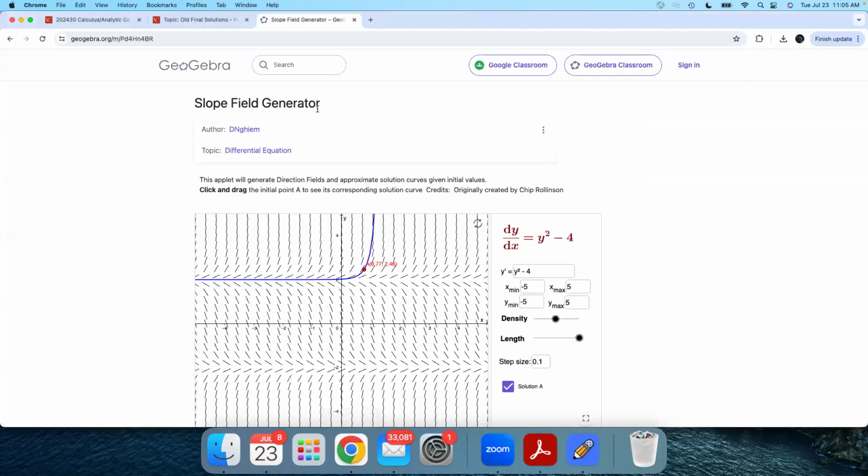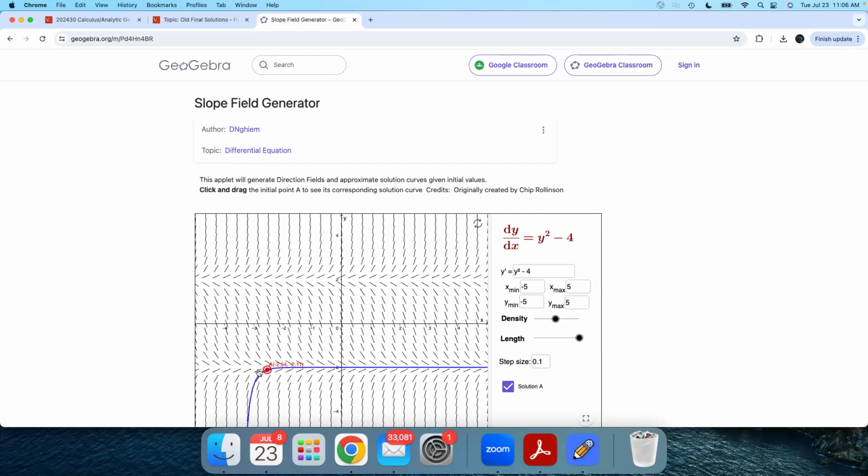So if we look at our slope field generator here, these are all different solution curves. Any solution curve where y actually equals 2, I'm stuck. Y is always going to equal 2 on that curve.